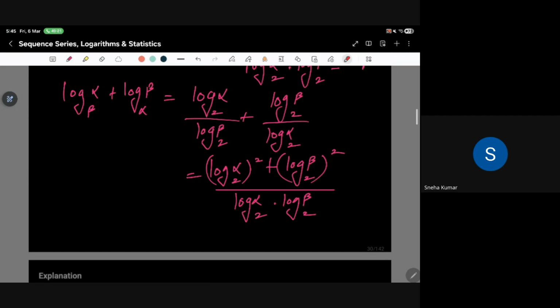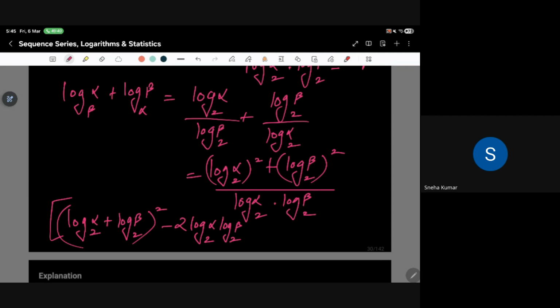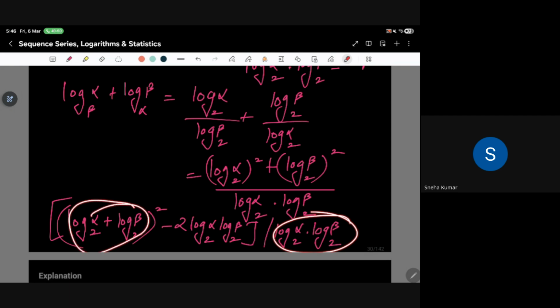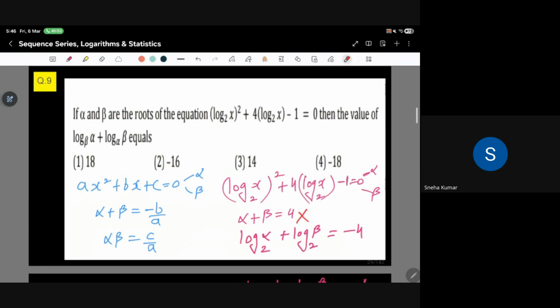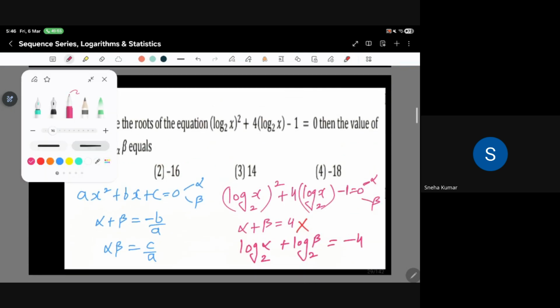So this becomes a square plus b square. So we can write this thing as a plus b whole square minus 2ab, divided by ab. Now you know every value, product and sum, so just substitute it. When you substitute, you will get option D as the answer.